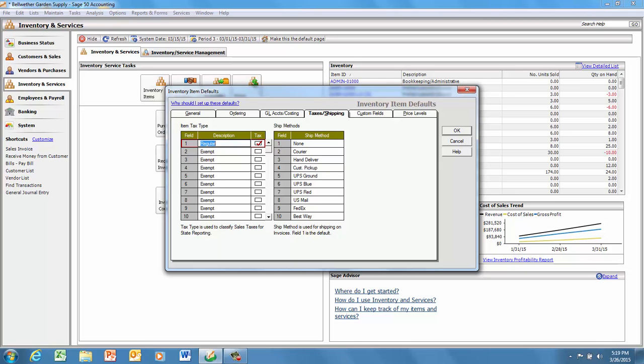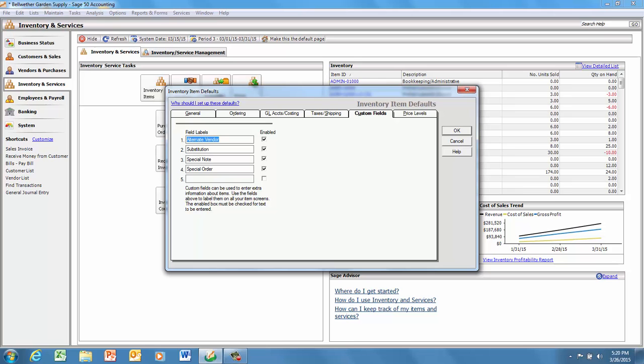The shipping methods are all these different shipping methods that Bellwether Garden Supply set up. So you have 10 different shipping methods that you can set up for your company. You won't need to do this for your project. Here are where Bellwether Garden Supply set up those custom questions that they want to know about, or to be able to put information about.